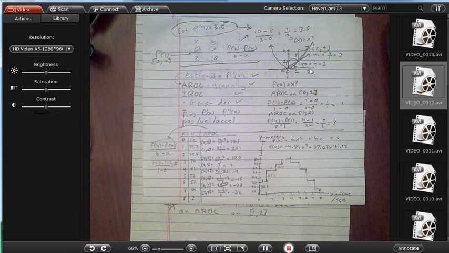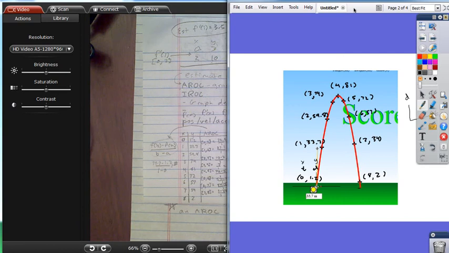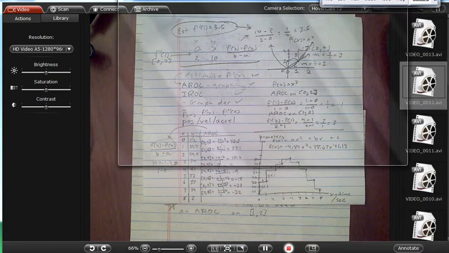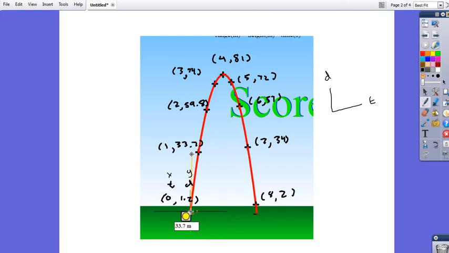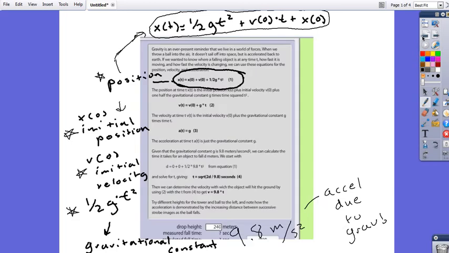Alright, so last thing, let's go back to those physics equations we were talking about. You'll never need to memorize these equations if you know the regular position function. So let's see if I have this. I don't think I do. No, I don't. Let's see.